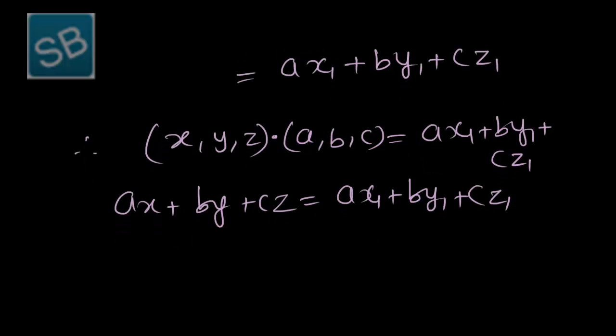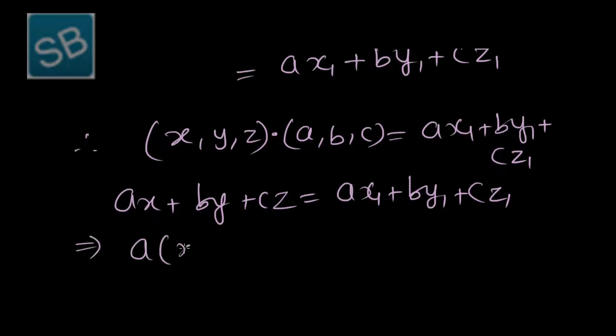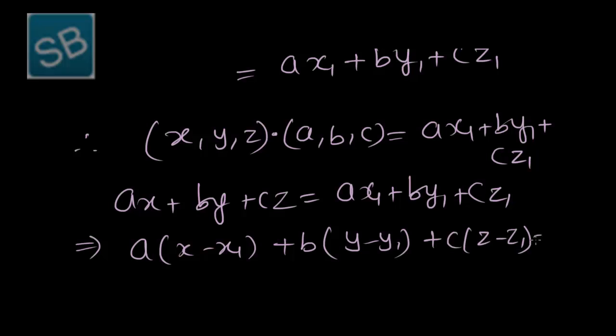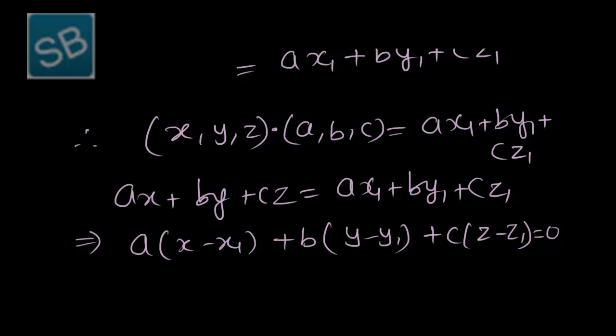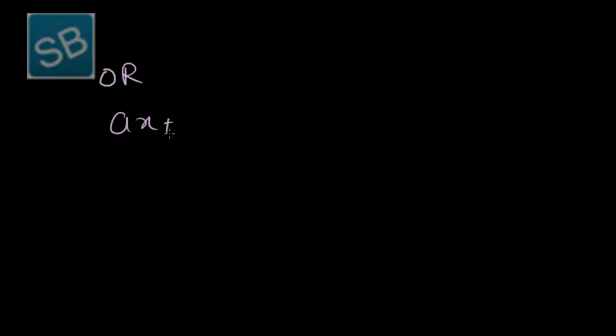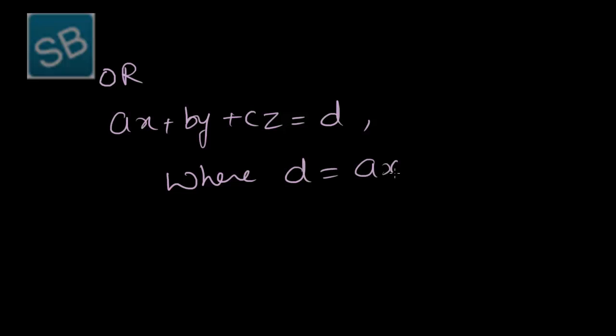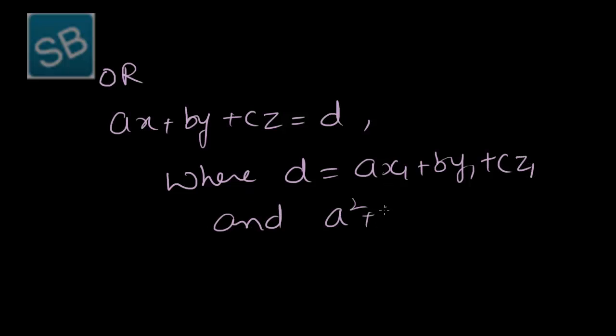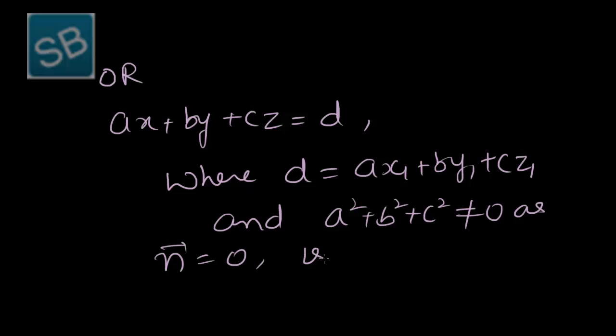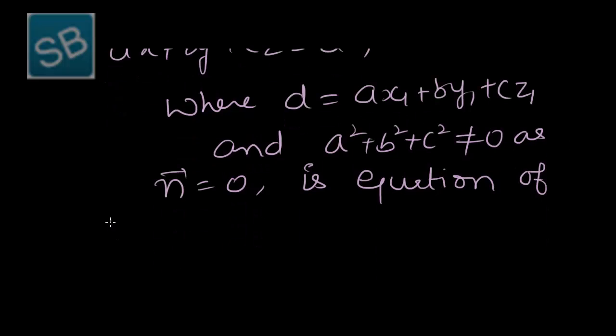So we can write the equation in the form a(x minus x1) plus b(y minus y1) plus c(z minus z1) is equal to 0, or ax plus by plus cz is equal to d, where d is equal to ax1 plus by1 plus cz1 and a square plus b square plus c square is not equal to 0 as n is not equal to 0, which is the required equation of plane in Cartesian form.